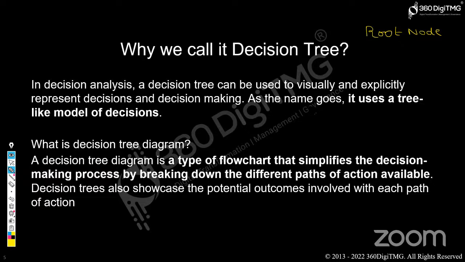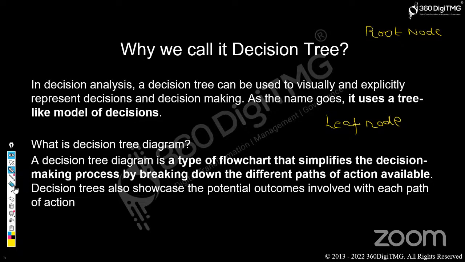This process continues until it reaches your what? Leaf node. The complete process is called a decision tree.